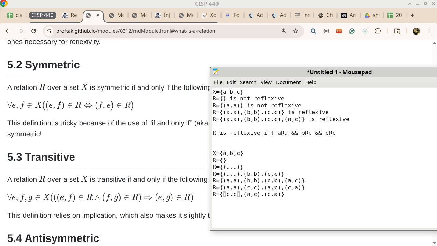Okay, so let's look for a case like that, right? So we want EF in R and FG in R to be true, but EG in R to be false. So we are still looking at the last definition of R, which is right here. Okay, that doesn't give us a lot of choices, right?